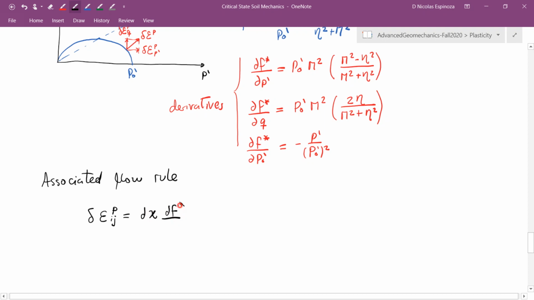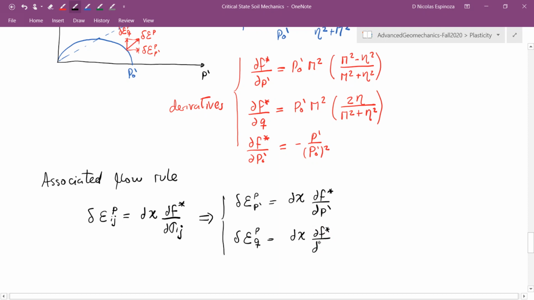So we're going to use, in this case, f star directly. And from here, if I apply the flow rule to what I had before, I'm going to get that the plastic strain in the volumetric component is going to be equal to this times the hardening parameter times the partial derivative of f with respect to p prime, and for the deviatoric component, same thing, hardening parameter with the derivative with respect to q.